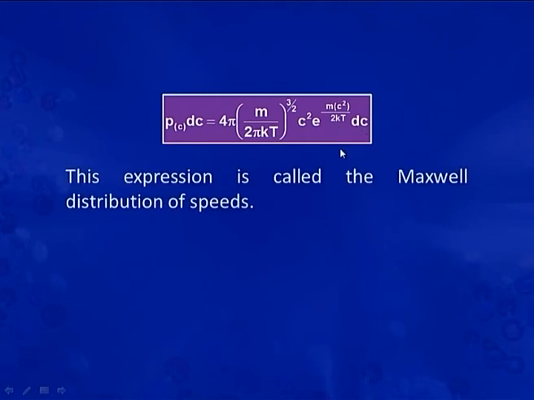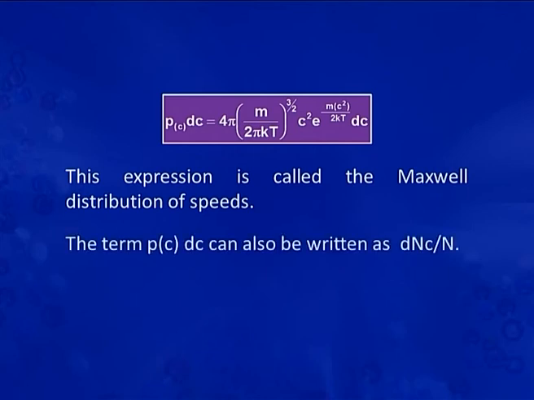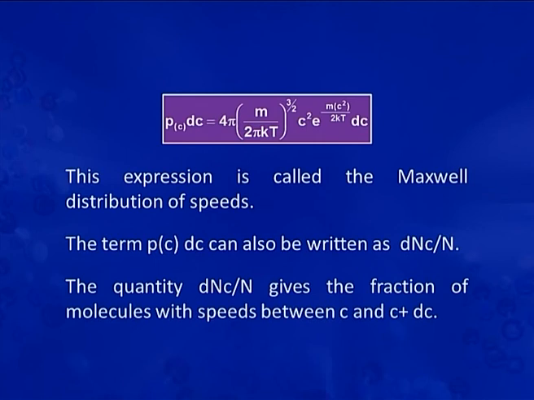This expression is called the Maxwell distribution of speeds. The term P(c) dc can also be written as dNc by N. The quantity dNc by N gives the fraction of molecules with speeds between c and c plus dc.